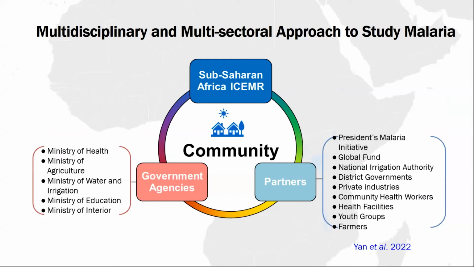Because our ICEMR addresses cross-disciplinary issues on agriculture, water management, and human health, we have built a strong partnership with various government agencies and academic institutions in Kenya and Ethiopia, including the Ministries of Health, Agriculture, Water and Irrigation, and Education. We partner with PMI, the Global Fund, the National Irrigation Authority, local health facility staff, community health workers, and local communities.